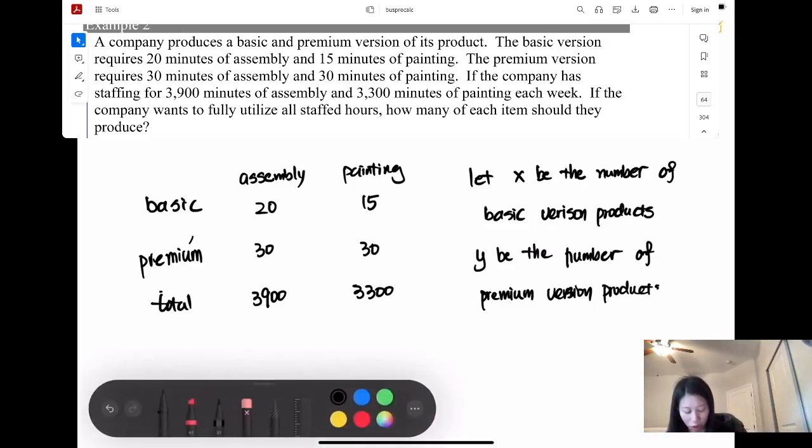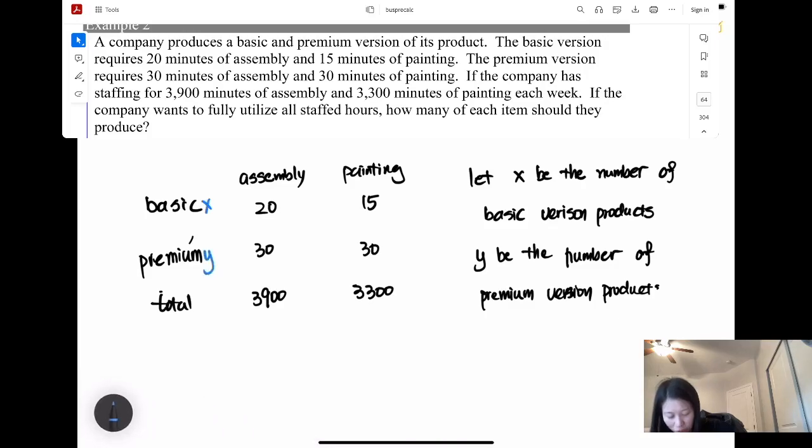So now this is going to be our X, and this is going to be our Y.